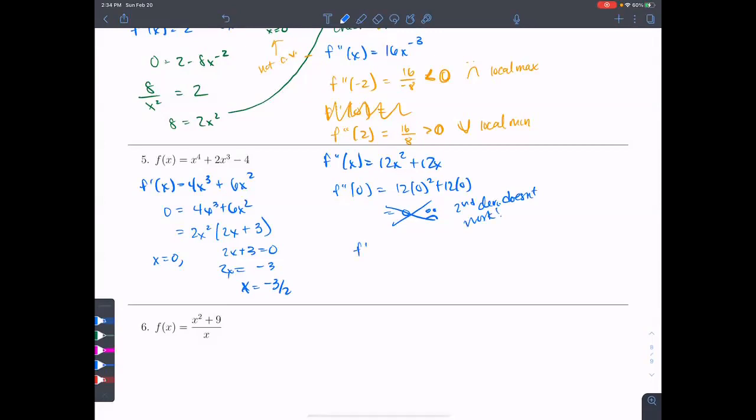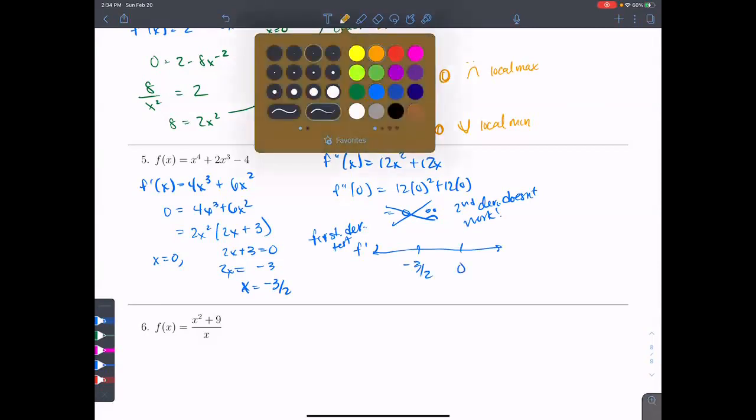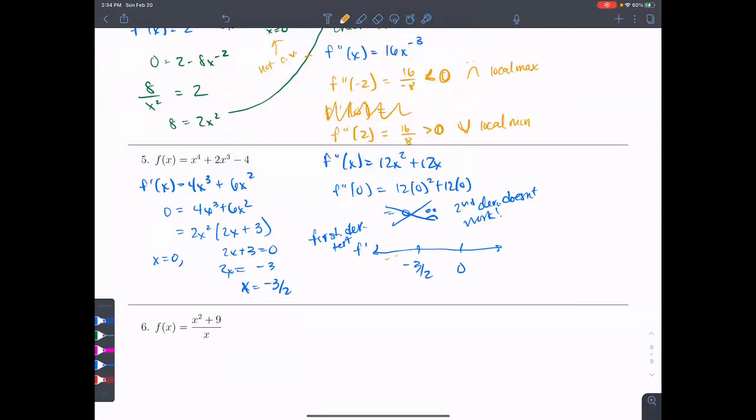So you're going to use an f prime number line, with -3/2 and 0 on it, and do your test values. Let's do -2, -1, and 1.